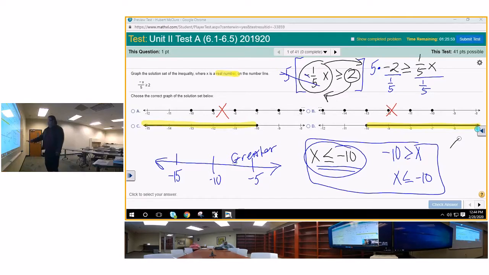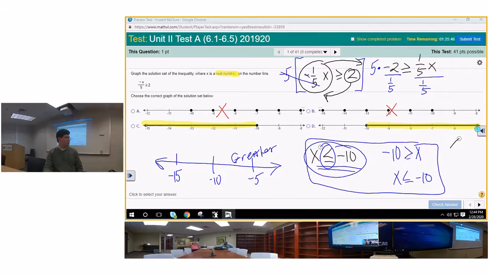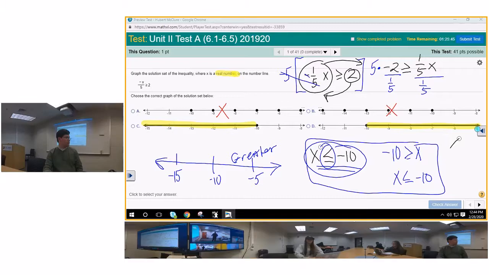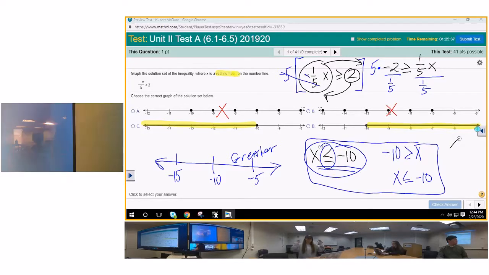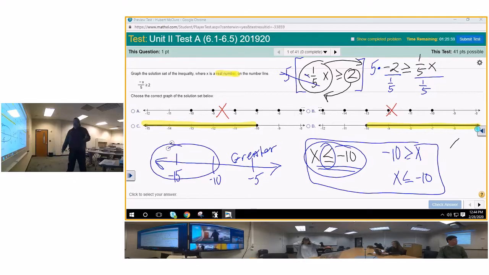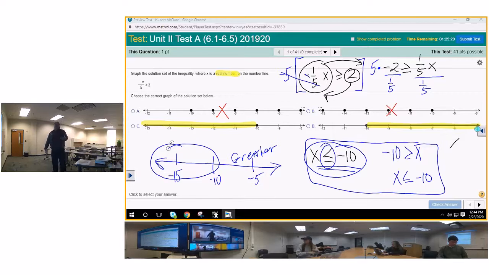What does this say? It says that x would be less, so that means negative 5 is not your answer, it's negative 15. The reason I do that is because people think that negative 15 is greater, because that's the way they've read the number line for years.